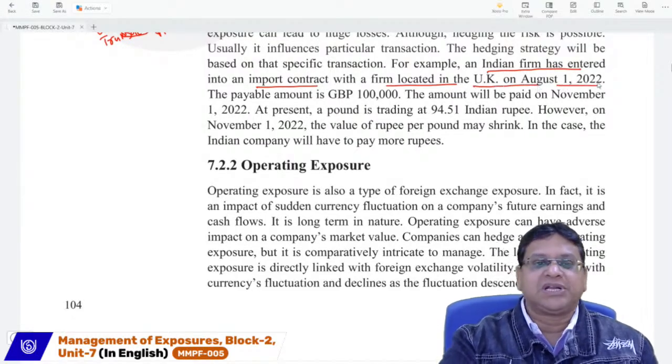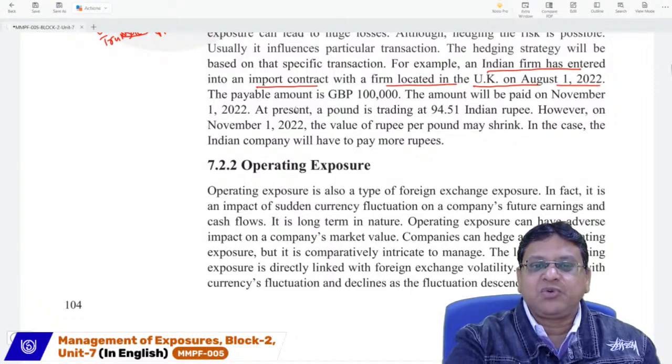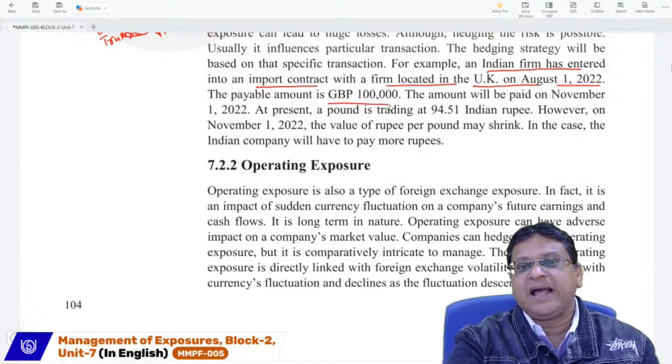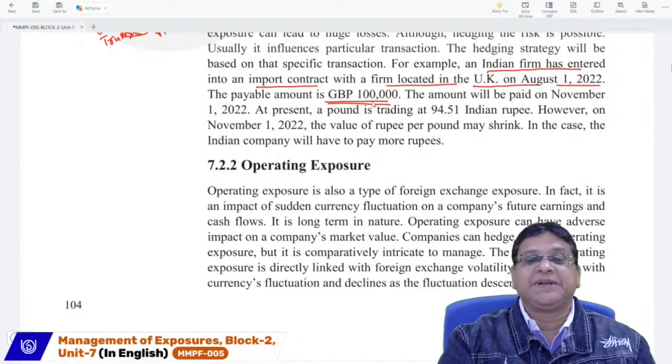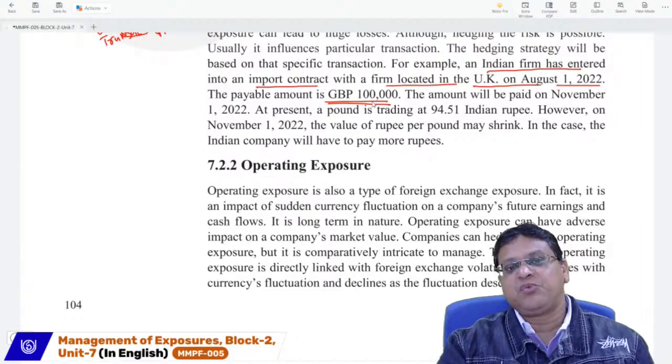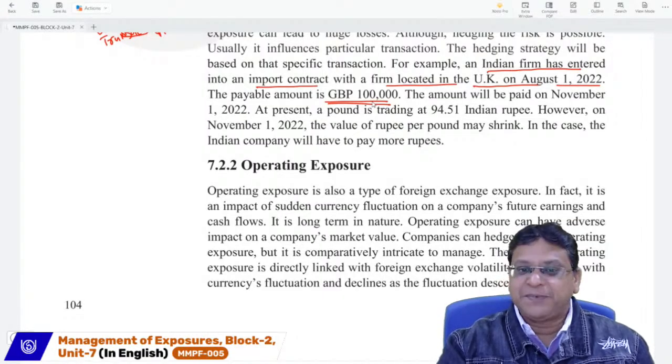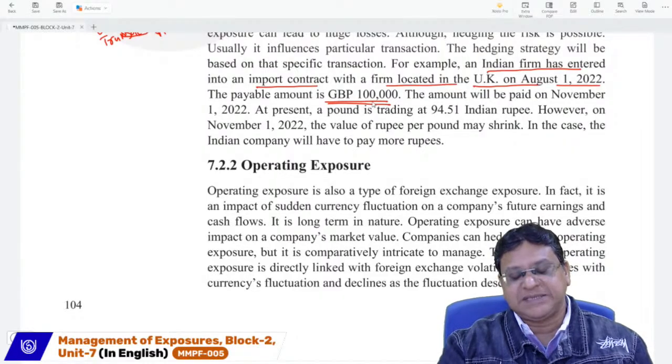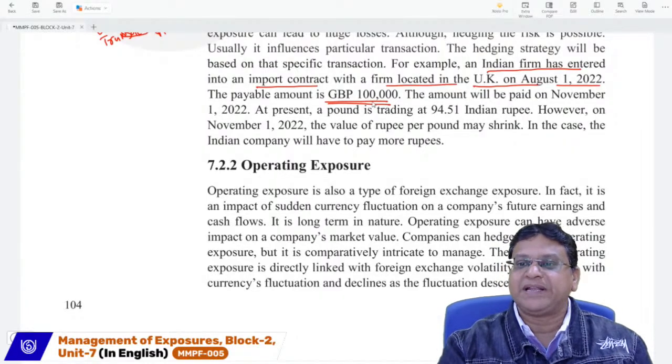The amount payable will be 1 lakh GBP, or Great Britain pound. So the Indian importer has to pay 1 lakh pounds for the goods, and the agreement is made on August 1, 2022.